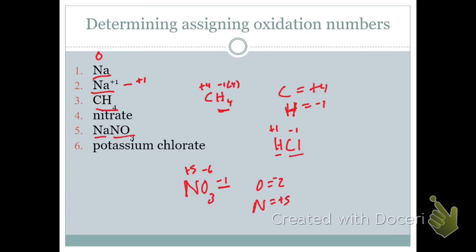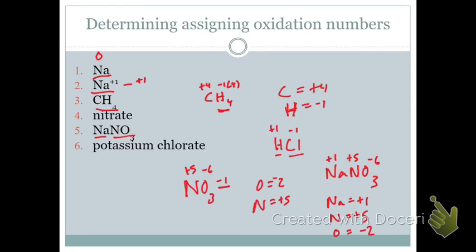Sodium nitrate, so NaNO3. What do you know? Well, you know that sodium is a +1. You know oxygen's a -2 here. That makes this -6, so this should be a +5, right? And so Na is equal to +1, nitrogen is equal to +5, and oxygen is equal to -2 here.